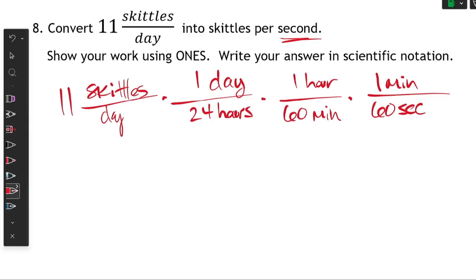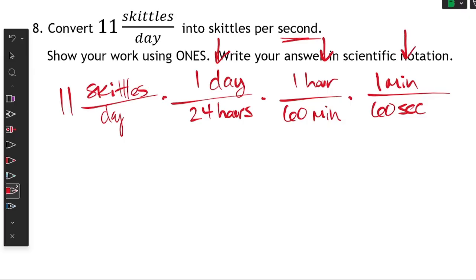Okay, so why are these giant ones? Well, everything I just multiplied by is equivalent to the same thing divided by the same thing, right? 1 day is the same amount of time as 24 hours, so that's equal to 1. 1 hour is the same amount of time as 60 minutes. Something divided by itself is 1. And 1 minute is the same amount of time as 60 seconds, so that's also equal to 1.